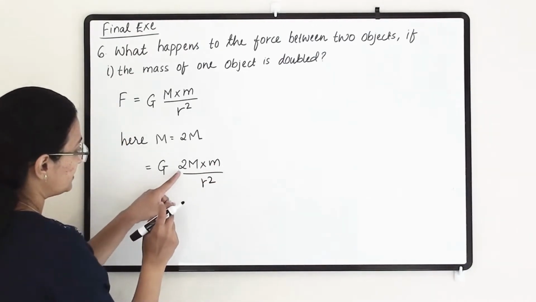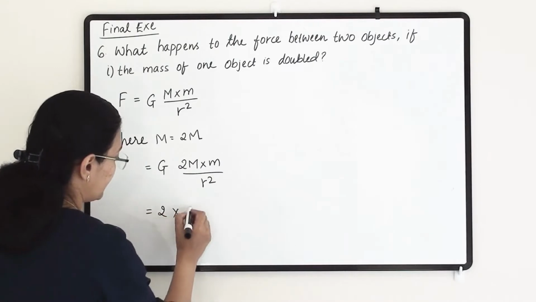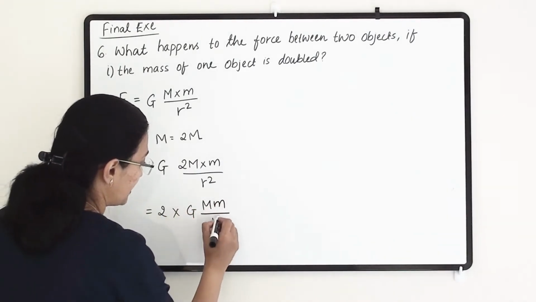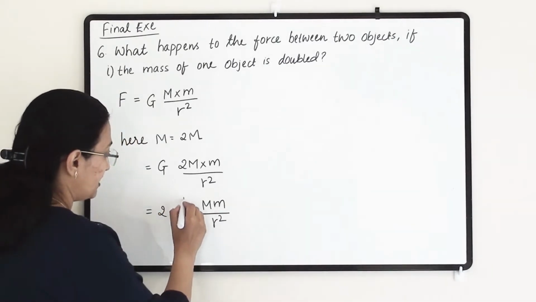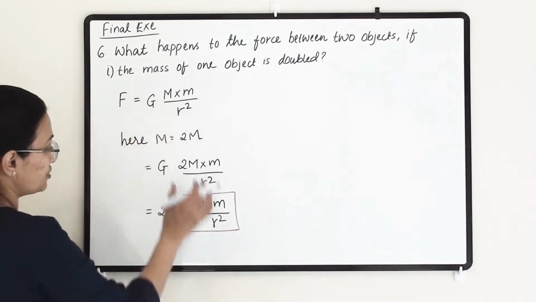Once we take this 2 to the front, we will get G into capital M small m divided by R square. So here this formula is our original gravitational force formula.